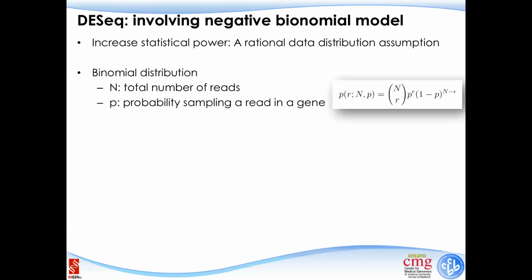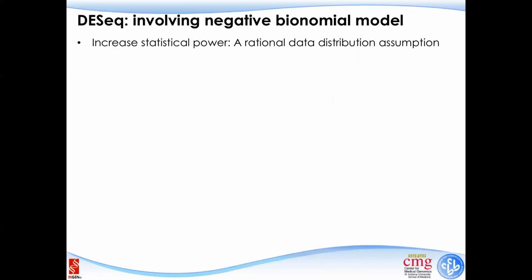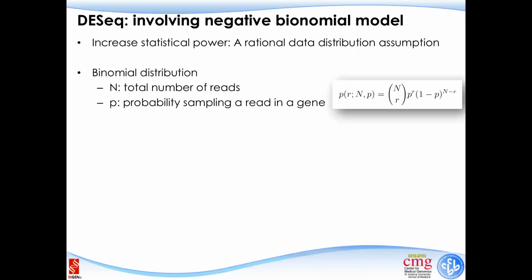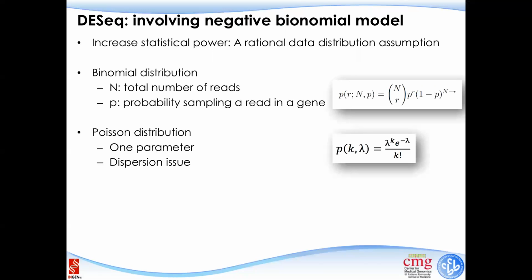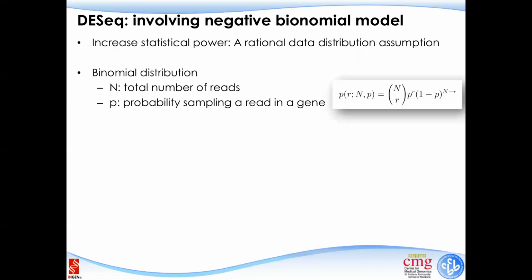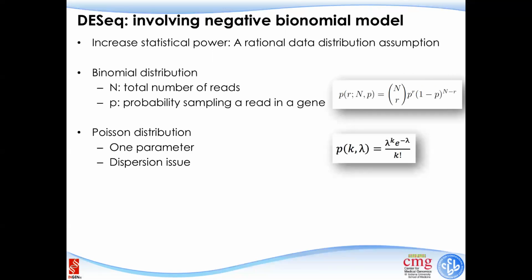We talked in the last lecture about how to increase statistical power. One way is to get a rational data distribution assumption. To derive the distribution, we start from the binomial distribution with the assumption that N is the total number of reads we observe in a sample, and P is the probability of sampling reads from a gene. With N very large and P very small, we approximate the distribution to a Poisson distribution with one parameter.